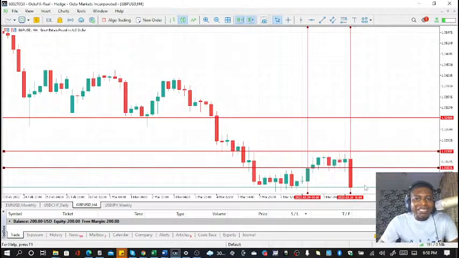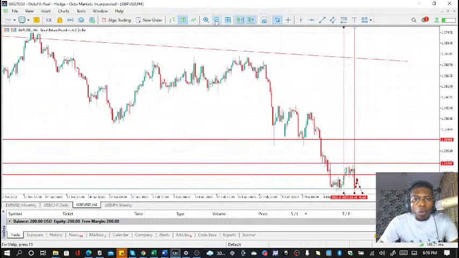Now there is a higher chance that price would come up, would reverse a bit, like price might reverse a bit to like 50% of this candle and then proceed down.